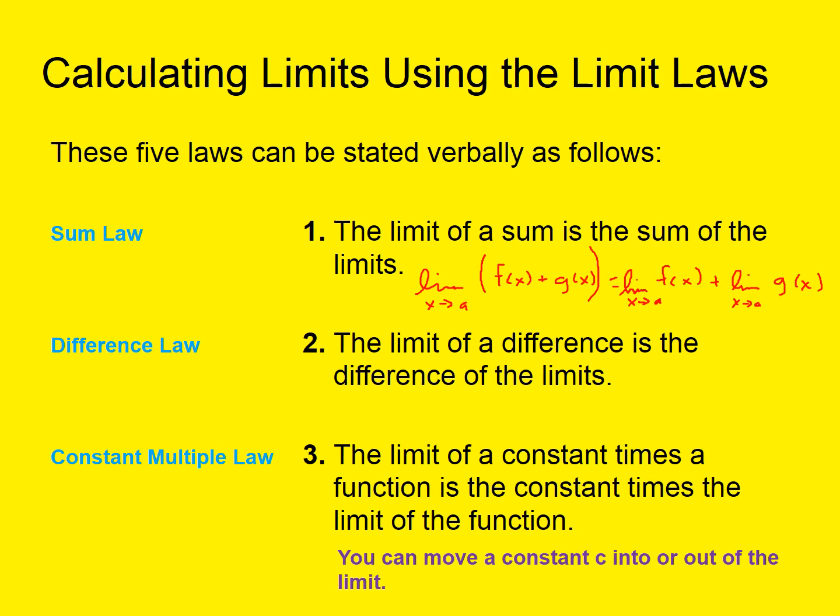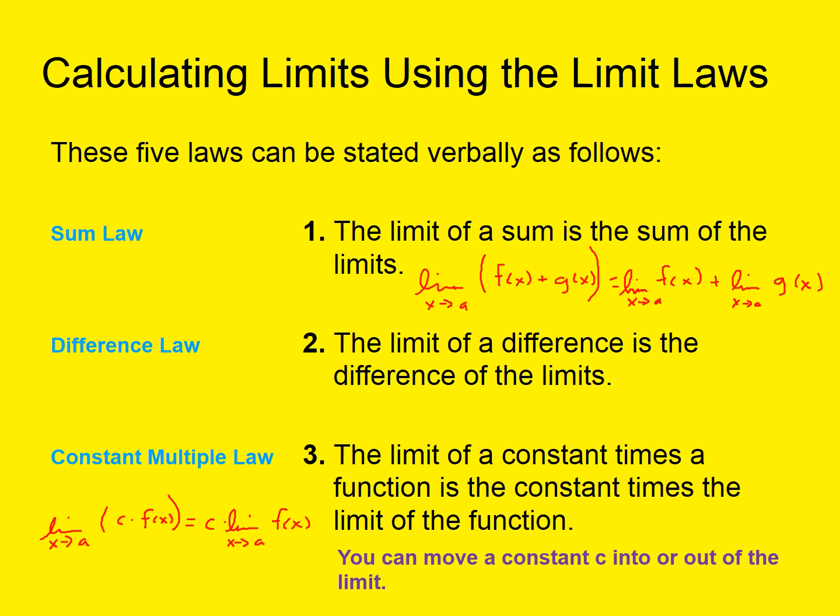If you have a limit and there's a number like 5 times c times f of x, you can take that c right out of there and multiply that by the limit. Or you could go the other direction.